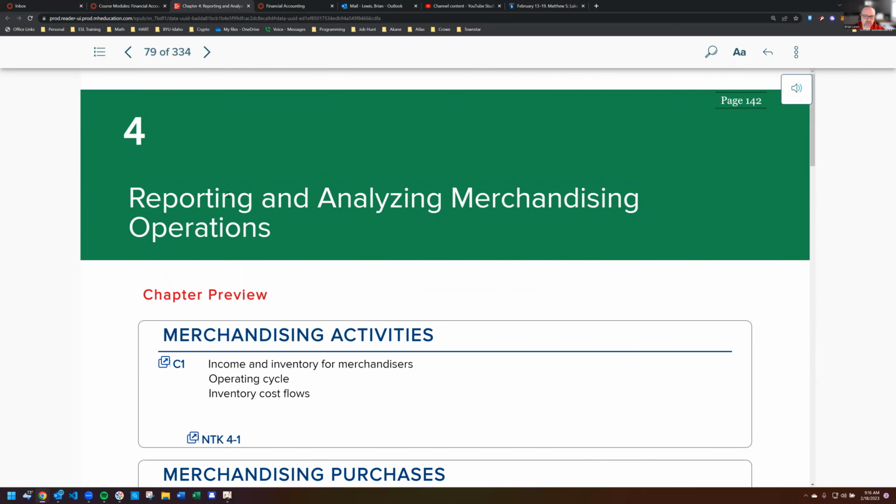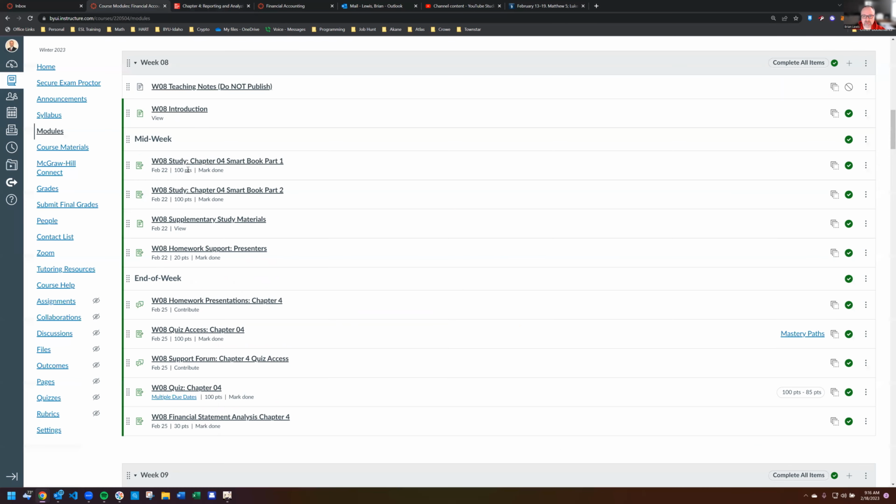So this one should be okay on a scale of easy to hard. This will probably be on the medium side. Some of the other things have been, or will be, on the very difficult side, especially the inventory costing component. So that's chapter 4. You'll work through that this week, right? And then you'll have your quiz at the end of the week.